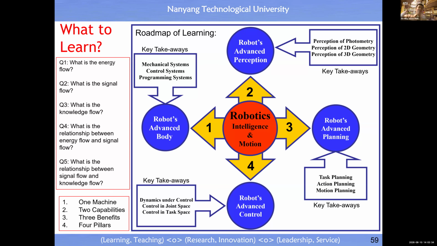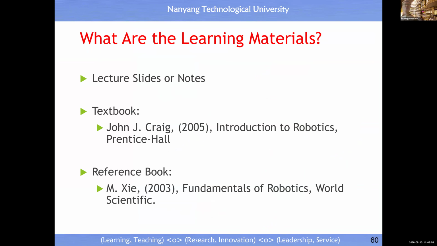You can leverage on the content of that course to complement your study. We just cover the modules about advanced body, advanced planning and advanced control. Advanced planning also helps you to understand the scope of the study of AI, or 4A29, etc. So this will be the scope of study for this course.